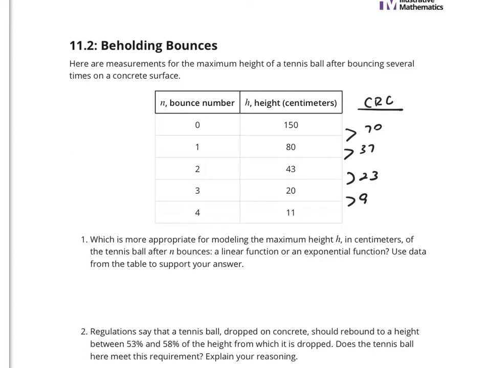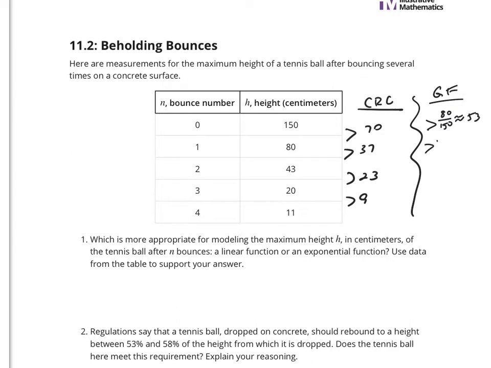Let's take a look at what the growth factor would be. In this case, it's a decay factor, but we can still call it growth factor. Remember, it's always a fraction of what's remaining. For example, between the initial height and bounce 1, I would have 80 over 150, which is approximately 0.53.